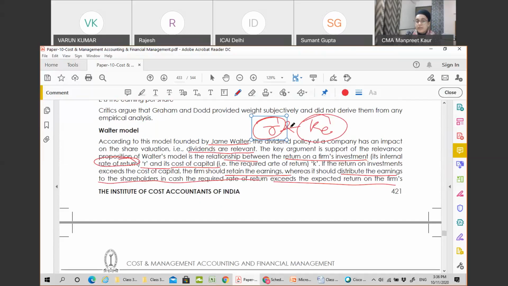रिटर्न ऑन इन्वेस्टमेंट ज्यादा होगी तो हमें अपनी फर्म में अर्निंग्स को रिटेन करके रखना है, whereas हमें उसको डिस्ट्रीब्यूट टू द शेयर होल्डर्स नहीं करना.